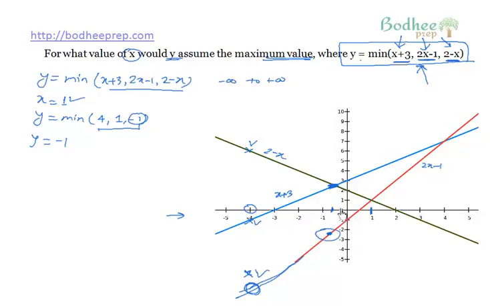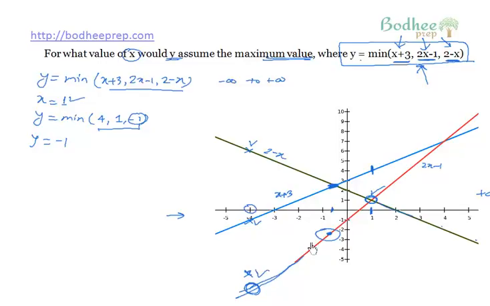Similarly, if I move towards the positive x-axis, at x equal to 1 you'll find two values: one is the intersection of the green and red lines, and another is somewhere here, but the value of y will be this one, because it is the minimum of the two. If I move ahead of 1 towards plus infinity, all the values of y will be taken from the green line.